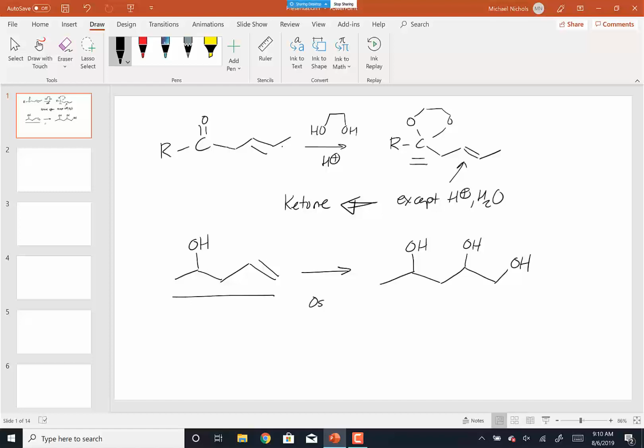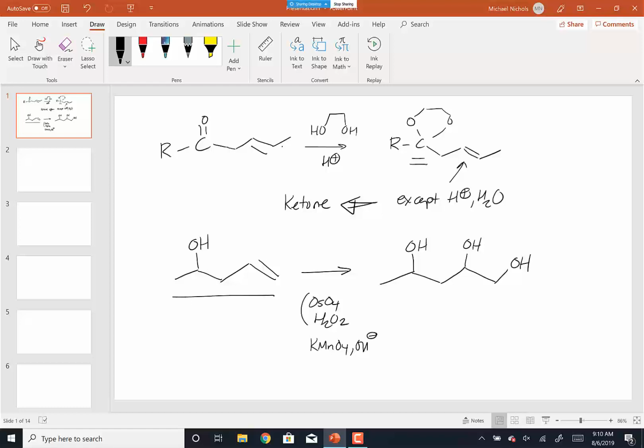So I could use OsO4 with H2O2. That's one set of reagents. There might be another set in your notes as well: KMnO4 and base. So either one of those reagents will add two OHs cis across the double bond.